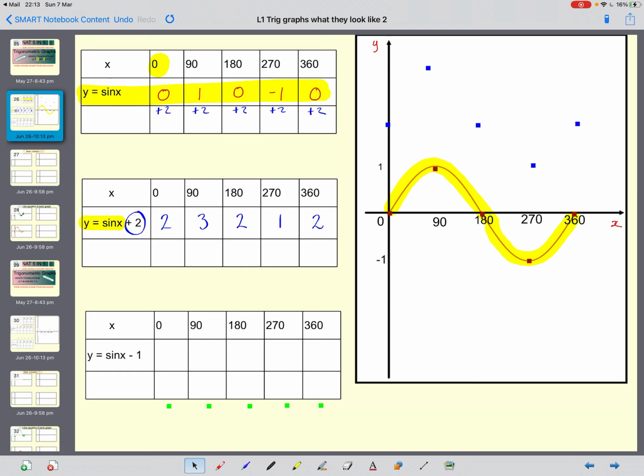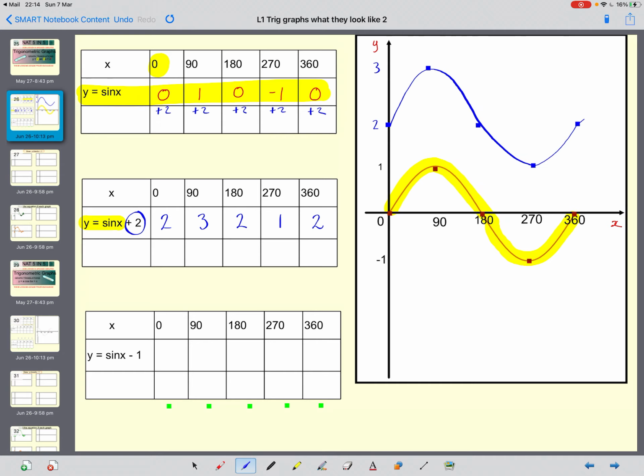And you can see, again, it's going to be in the shape of the sine graph. So what has happened to it? I'll draw on the sine graph there. That's a 2 there, and that's a 3 up there.